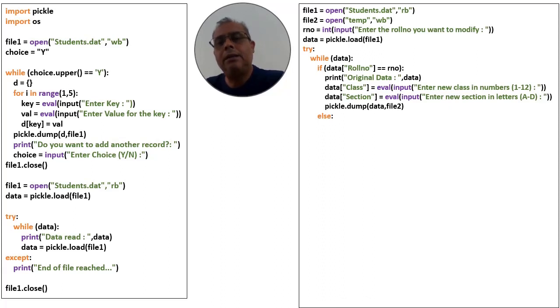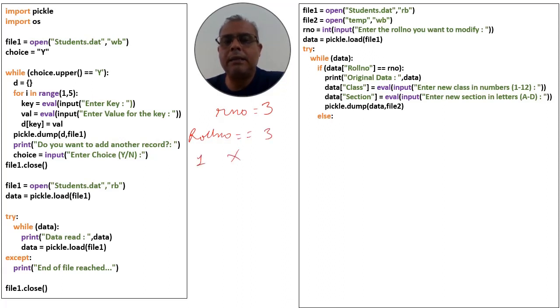Once the fresh data has been entered, we are going to write this data in file 2. So let's say I want to modify roll number 3. This is the roll number that I have entered at runtime. Now the roll number in the binary file will be matched against this 3. Let's say the first roll number is 1.